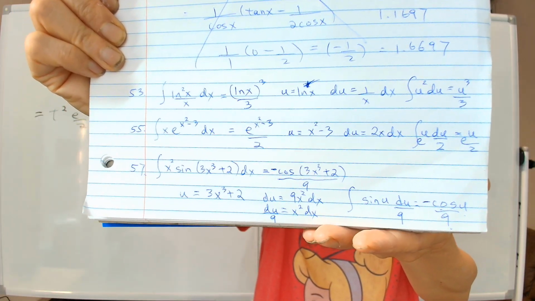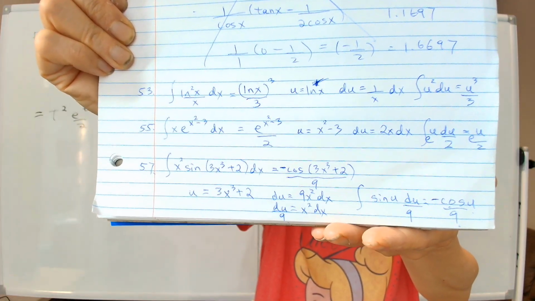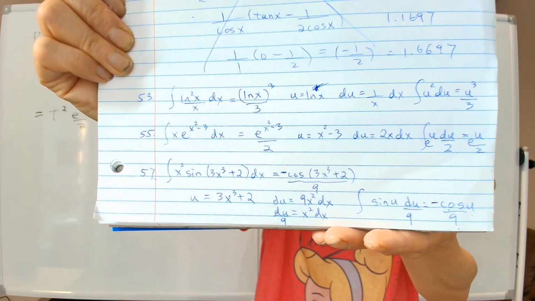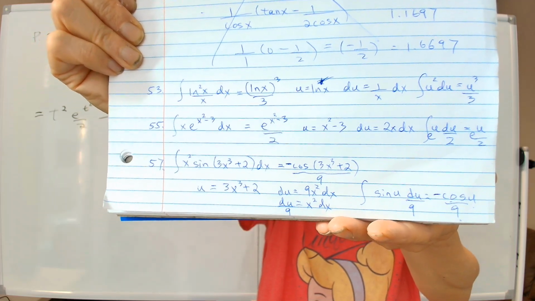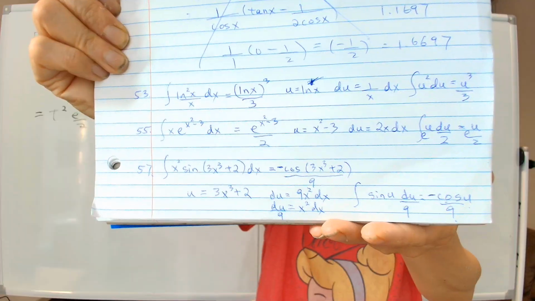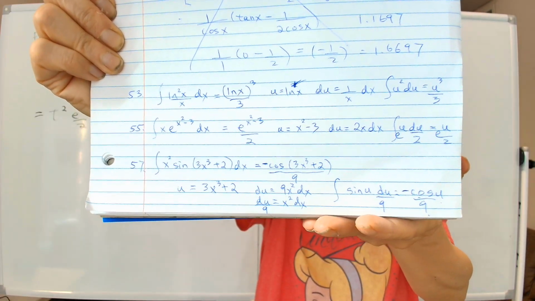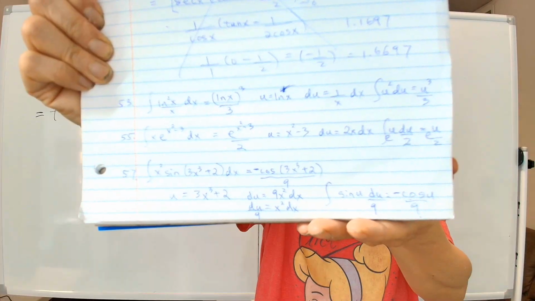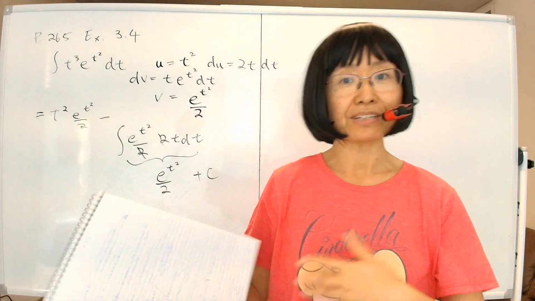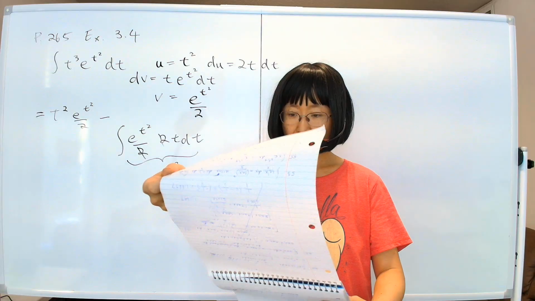So you come up with that thing, and then that's about it. And then adjust the numbers. Like 57, I think you have to divide by 9 because there will be a 9 after the differentiation, which is not in the result. So you have to divide it out, and then everything will come out nicely. So that's number 57.